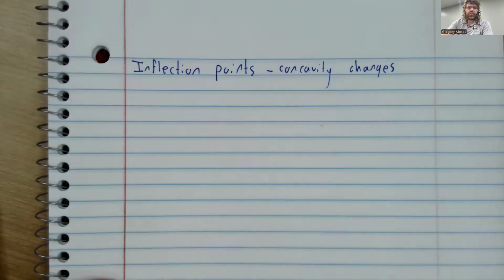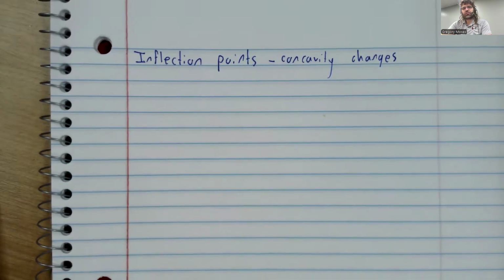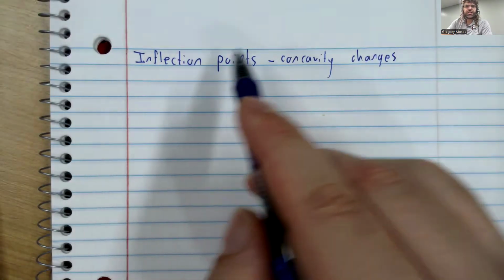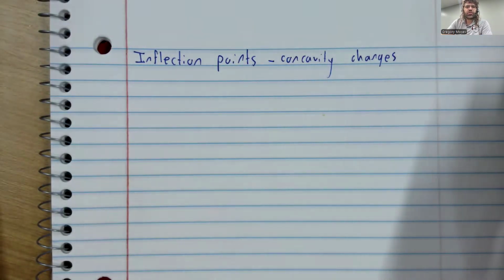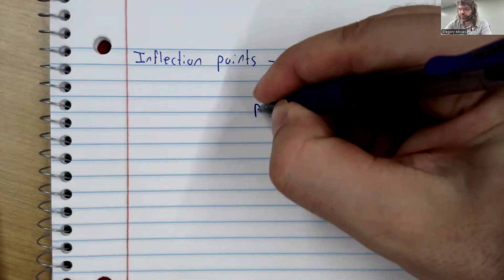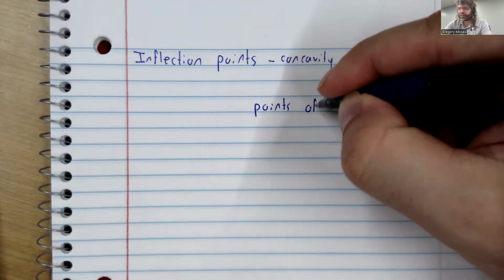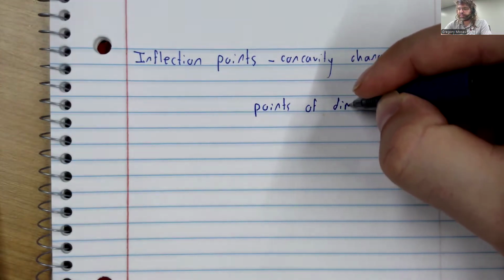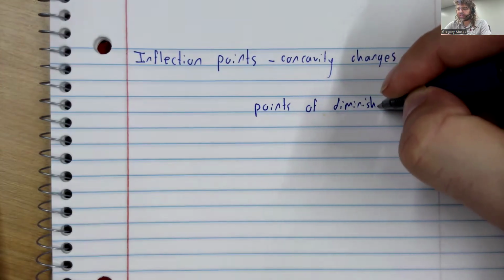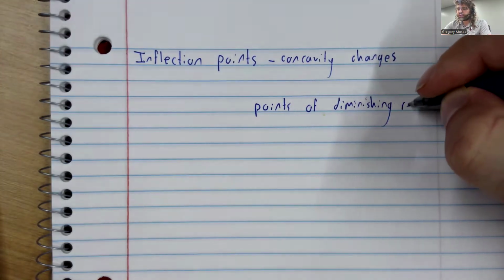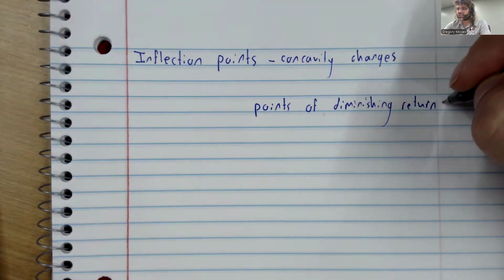Let me give another example. I talked about disease, the spread of disease. That was kind of my introductory example. Inflection points show up in a lot of real world processes as points of diminishing returns.